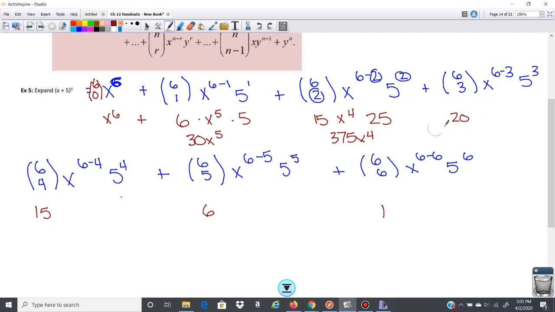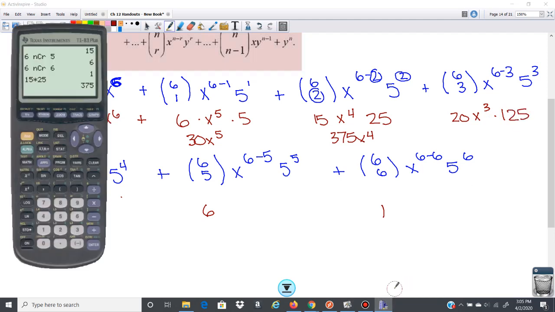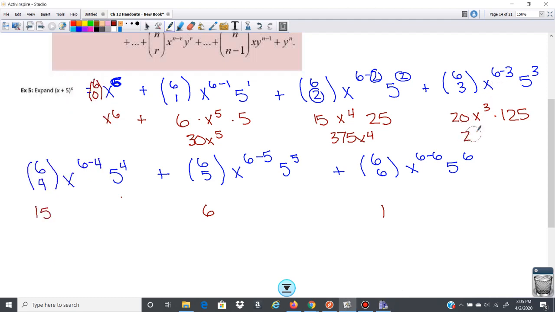Yes. Okay. All right, and then the next problem, so we got 20 for 6 choose 3. So then that's going to be x to the 6 minus 3, so that's x cubed. And then 5 cubed is 125. So I'm going to do 20 times 125. And that's going to be 2,500 x cubed. Okay, then my next term, I've got 15.